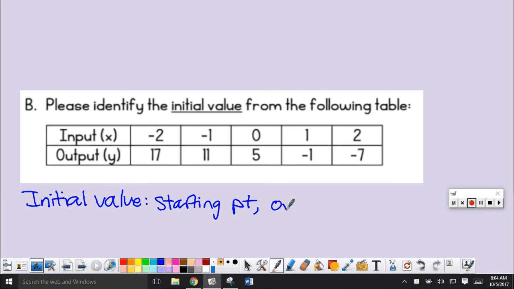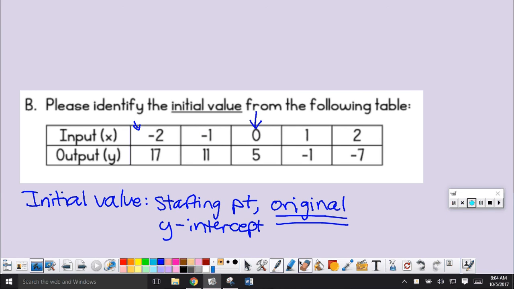The original, that's the word I like the most for initial value. Another word on a graph would be our y-intercept. But I want you to be very careful when you say the starting point, because it's not the first point in the table. It's the 0 value in the table.